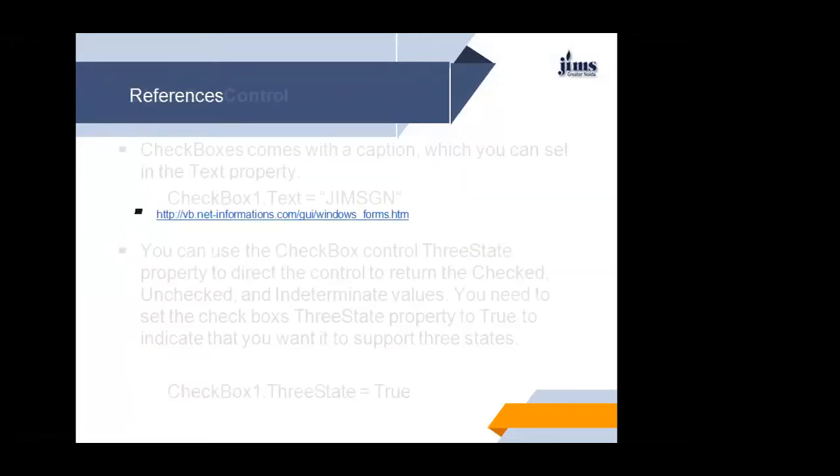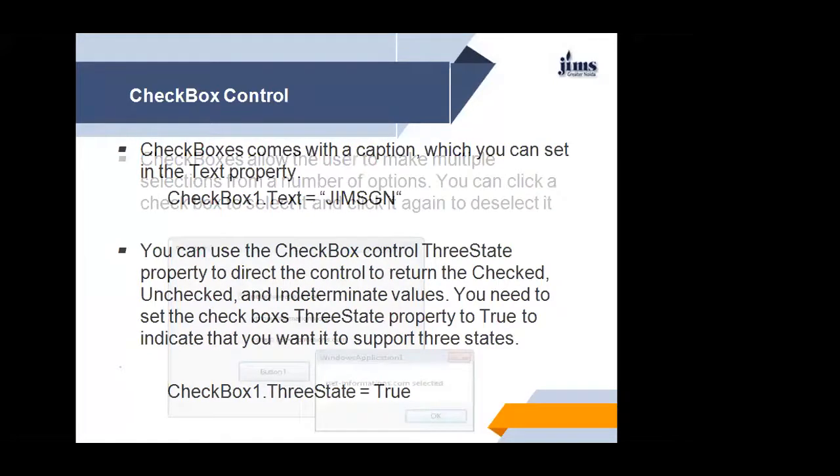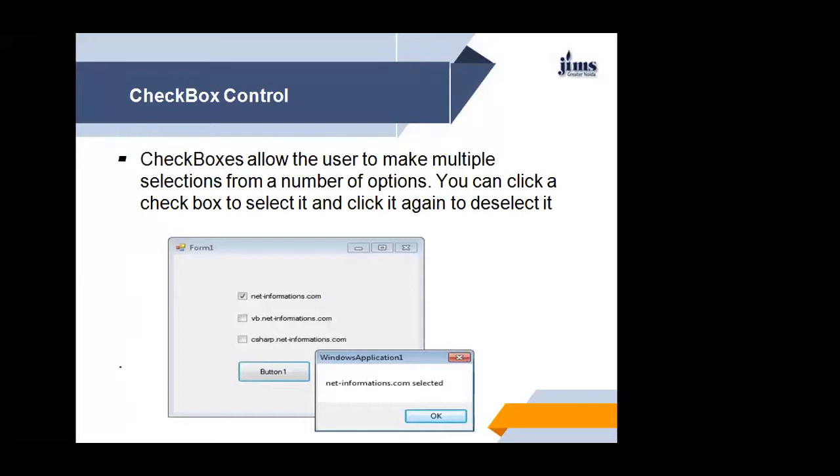Okay, so in this way you will have to set the ThreeState checkbox property. See, in the checkbox you will also note that you can select one checkbox, and if you click twice, then it will be deselected. So in this way you can set the checkbox control properties.